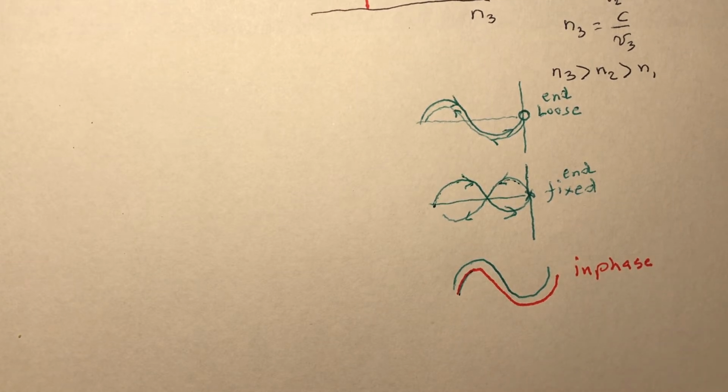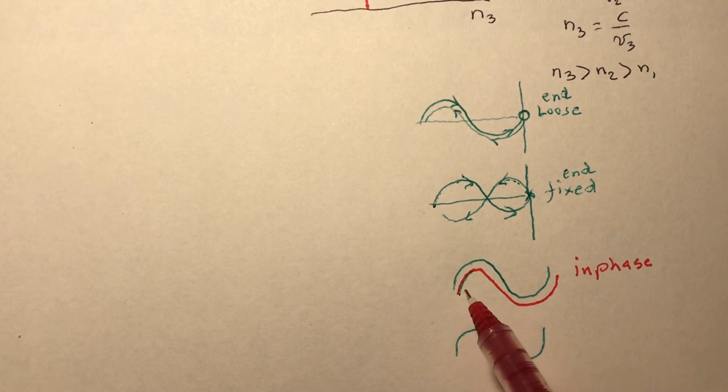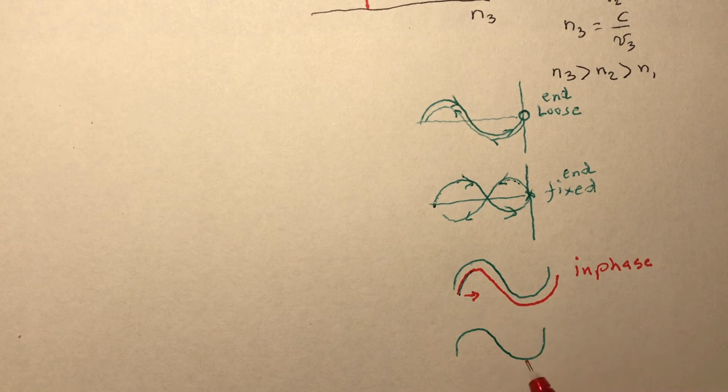Okay. Now I'm going to make the red wave shift by 180. So here is the green wave, and look what's going to happen to this. It's going to be shifted. It's going to move to the right this way. So it's going to come over here and then go like that.